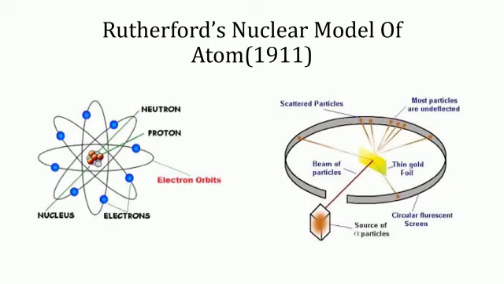The large number of alpha particles that went straight through the foil indicates that there was no obstacle in their path. It means that there must be empty space inside the atoms in the solid gold foil.